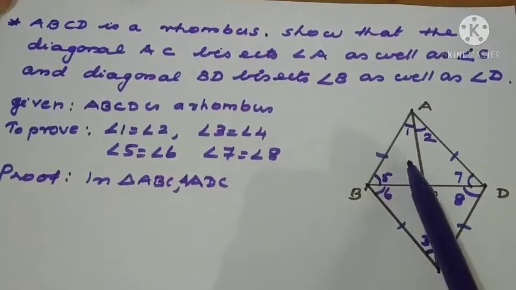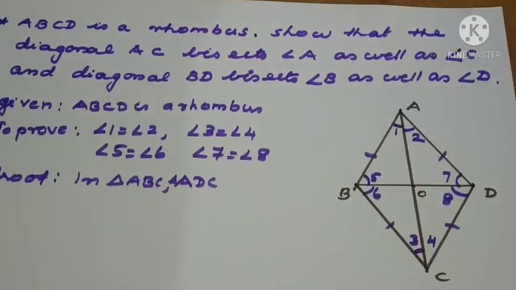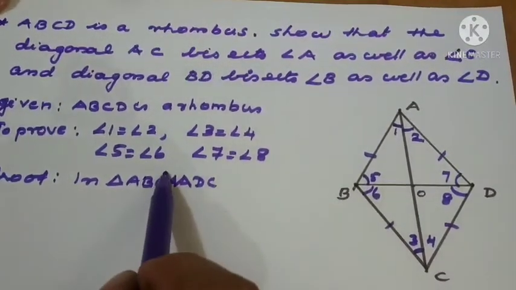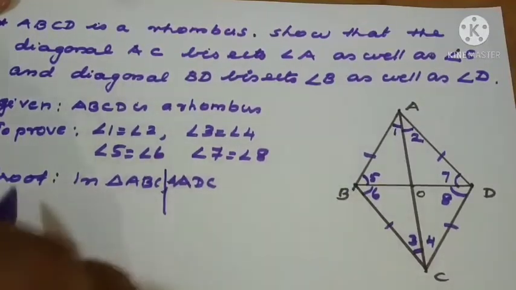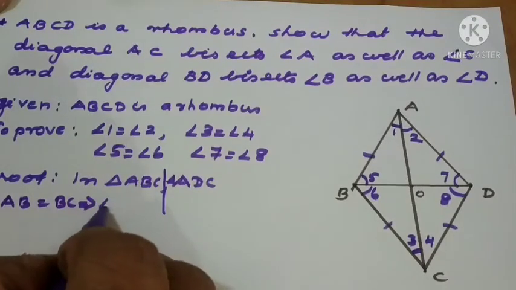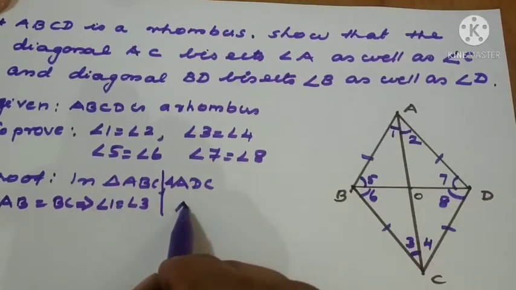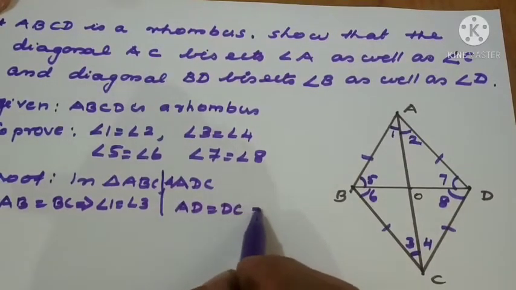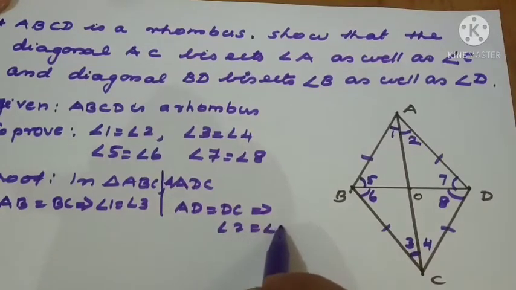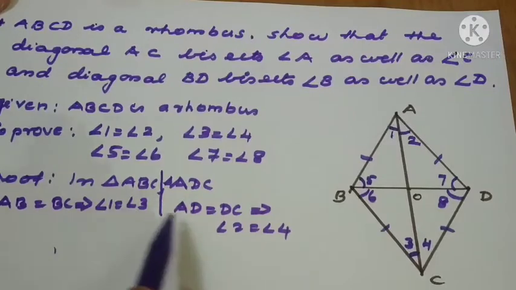Because AB equal to BC implies angle 1 equal to angle 3. In triangle ADC, AD equal to DC implies angle 2 equal to angle 4. Now we got angle 1 equal to 3, and angle 2 equal to angle 4 also.